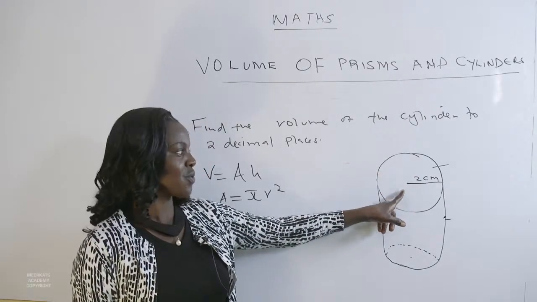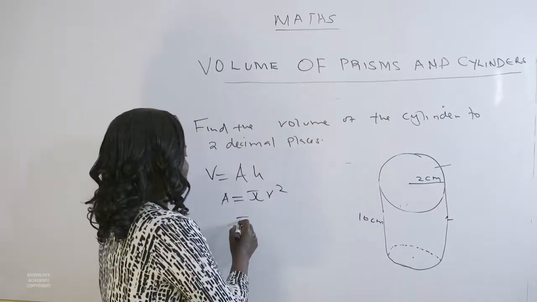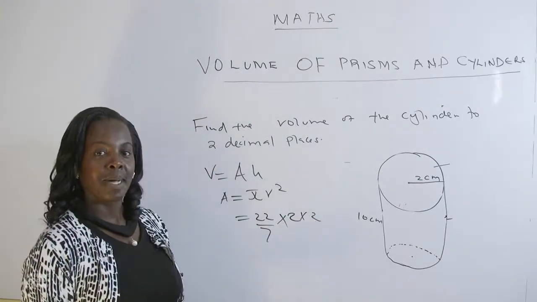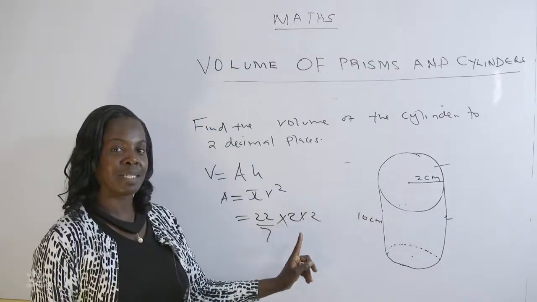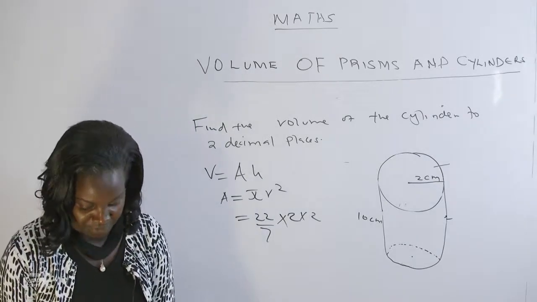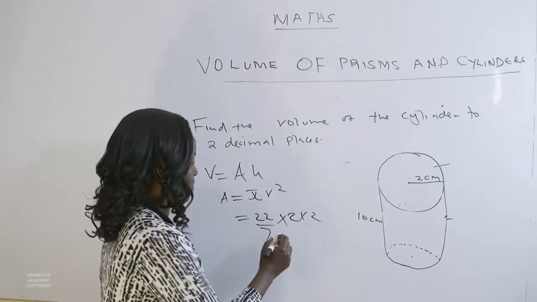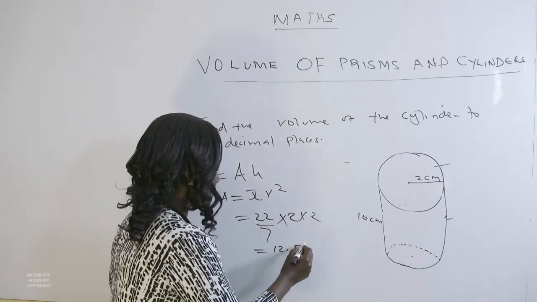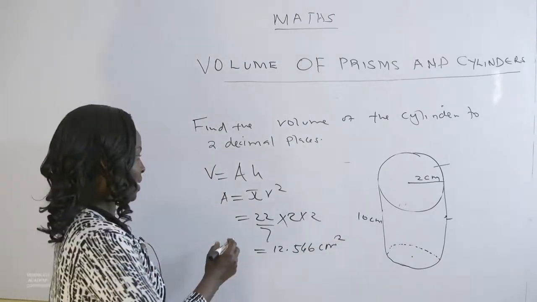So you find the area of the base, which is pi r squared. If we substitute a radius which is 2 centimeters, we have 22 over 7 times 2 times 2. If we calculate correctly, this will give us 12.566 square centimeters. That is the area.